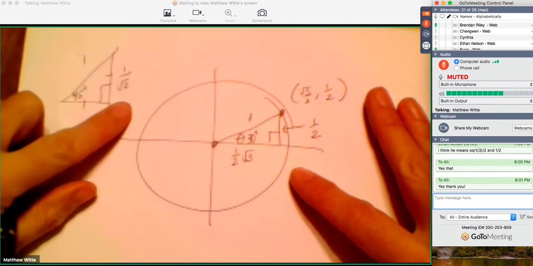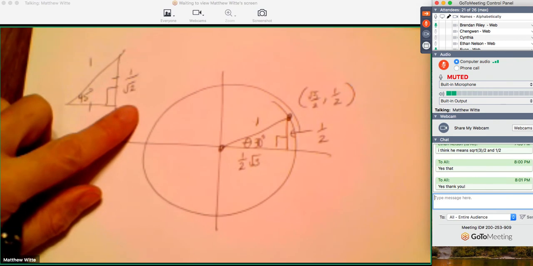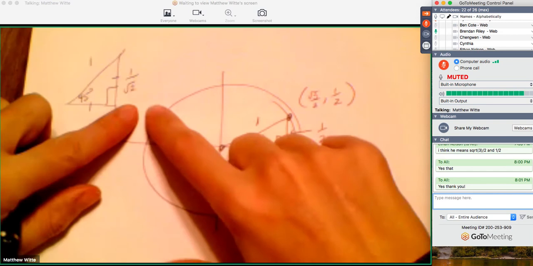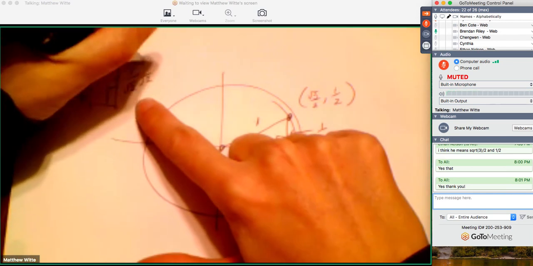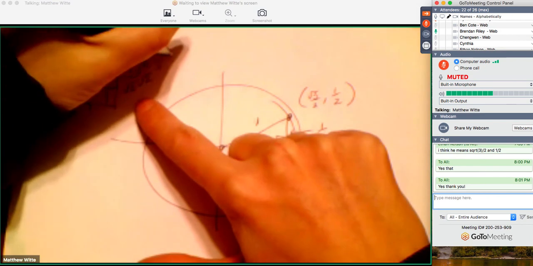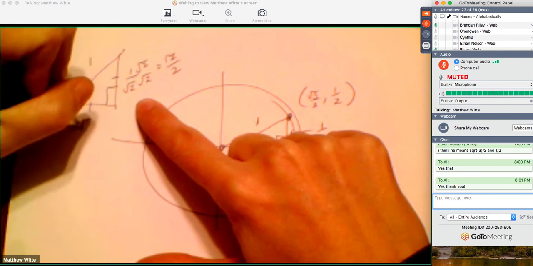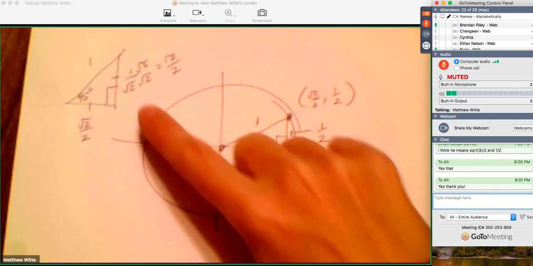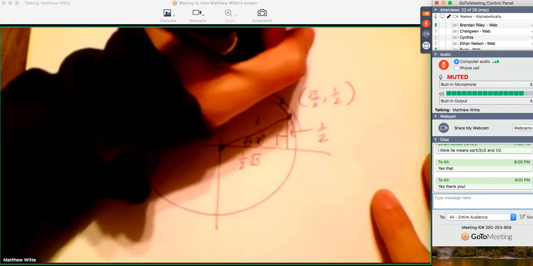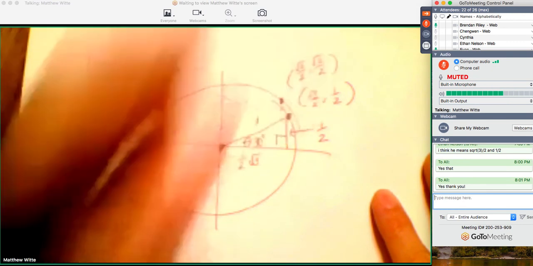In calculus, you really don't care if you have a square root in the denominator, but before that you do. So in pre-calc, we want to rationalize that. So multiply the top and bottom by the square root of 2, and lo and behold, you get the square root of 2 over 2, and you get the square root of 2 over 2 down here as well. So that's where that 45-degree angle came from, square root of 2 over 2, square root of 2 over 2.